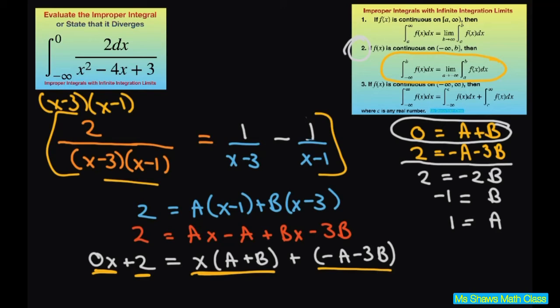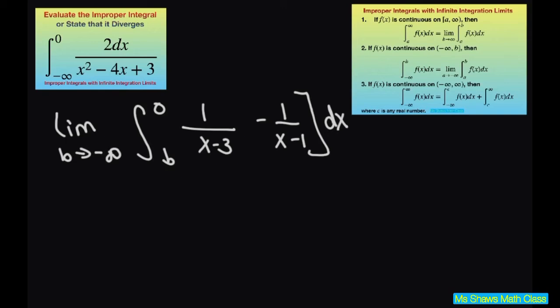Now let's use our formula given here and evaluate the improper integral. So we're going to get the limit, rewriting this as b approaches negative infinity, and then your integral is going to be from b to 0, and then we're going to have 1 divided by x minus 3 minus 1 divided by x minus 1, and then we have our dx.